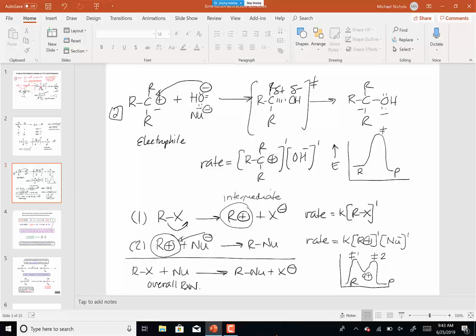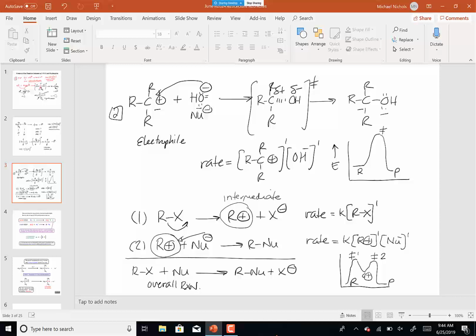Now, what's the difference between an intermediate that has high energy and a transition state that has high energy? I can make that a rhetorical question. If it's a transition state, it only exists for a very short time. And the real thing is, can I put a transition state in a bottle?